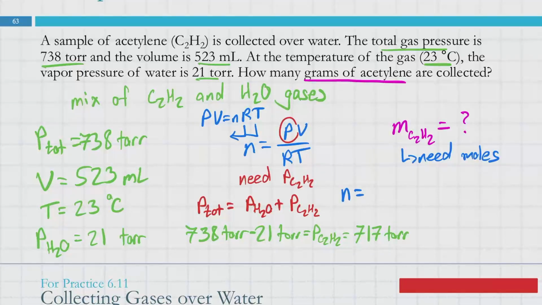So our n equals pressure. I'm going to skip the unit conversions to save time. So our atmospheres, 0.523 liters. R is what it usually is with all of its units.